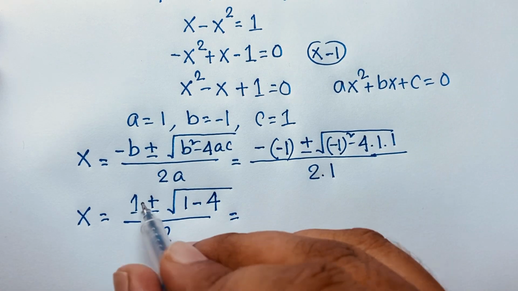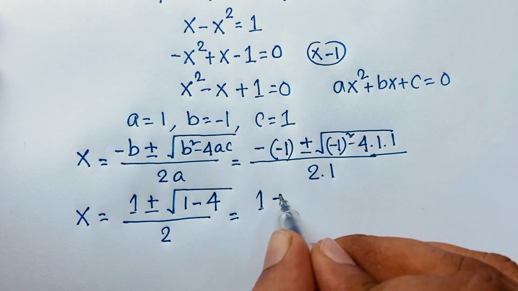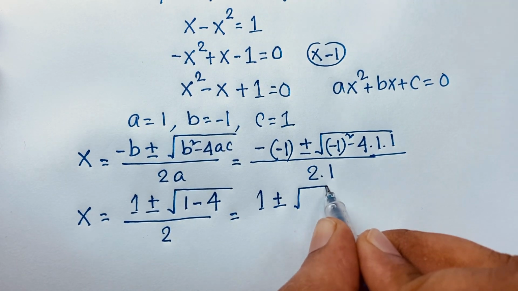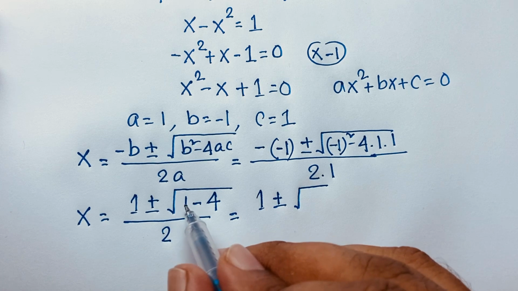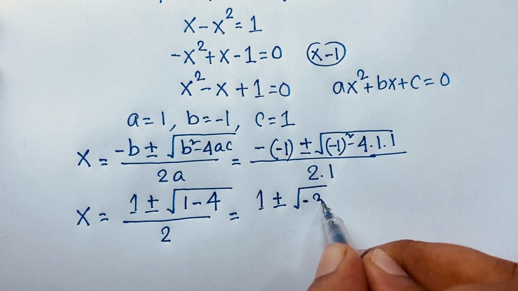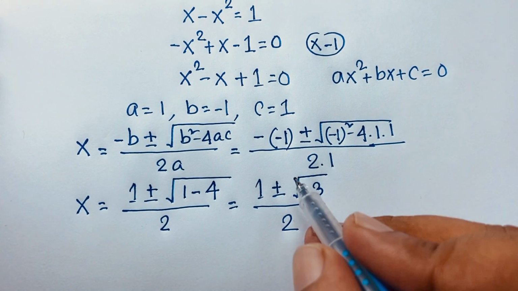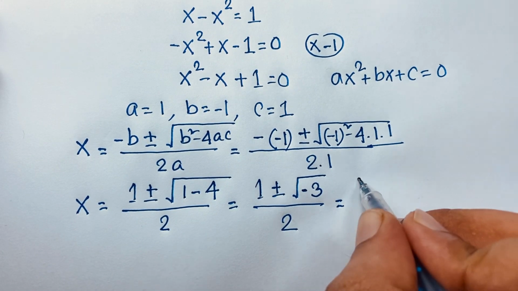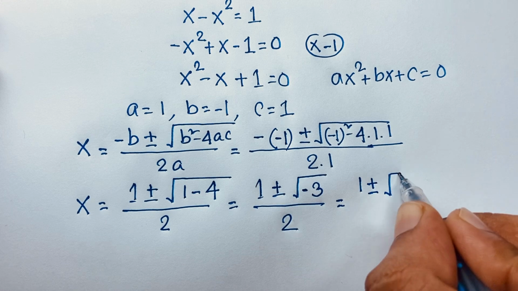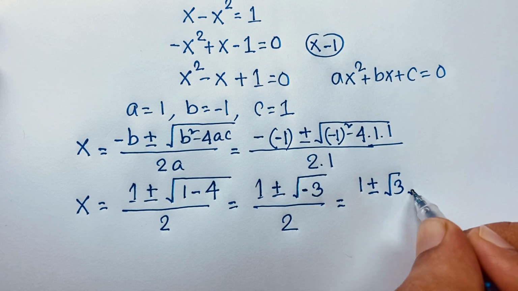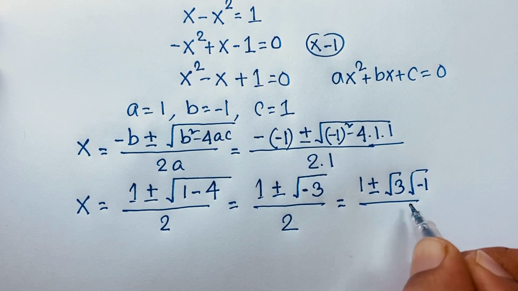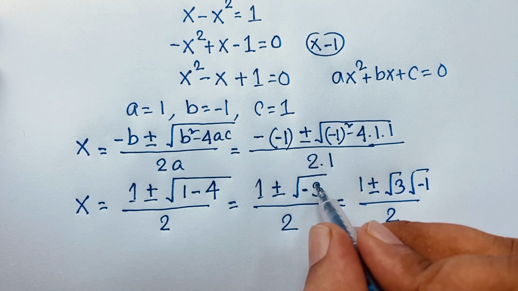Then you can see this expression, it will be 1 plus minus square root of 1 minus 4, it will be negative 3, over 2. Then if I evaluate this expression, you can see that it will be 1 plus minus square root of 3 times square root of negative 1, over 2.